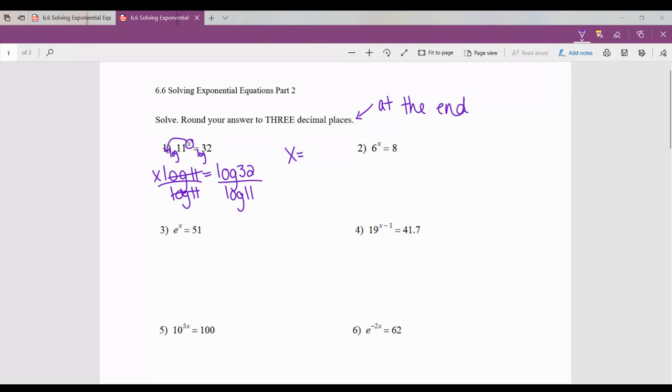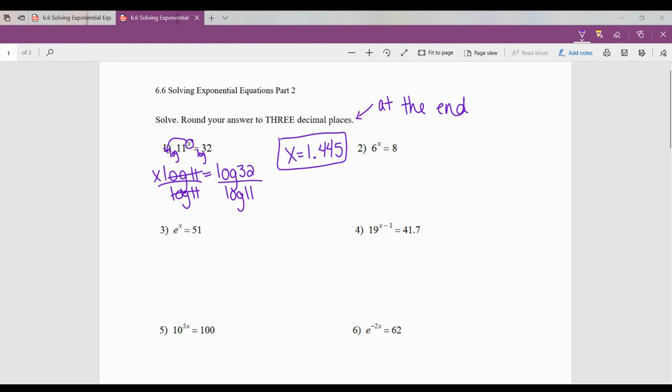And my answer is 1.44, and then it goes 5.3, so it's 1.445. All right, so that is my final answer for this one.